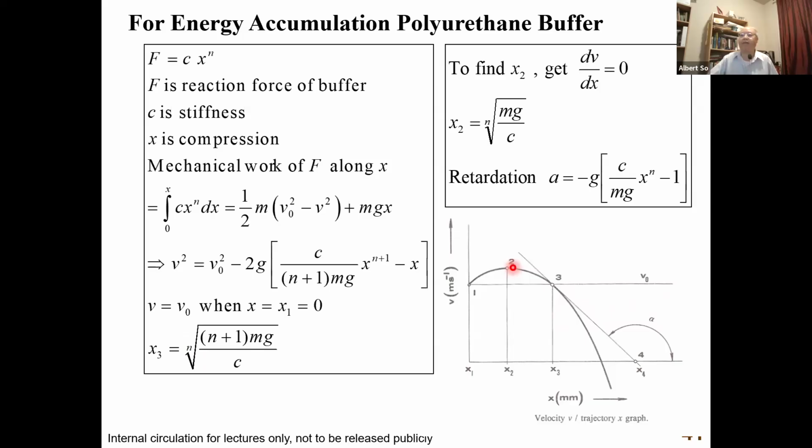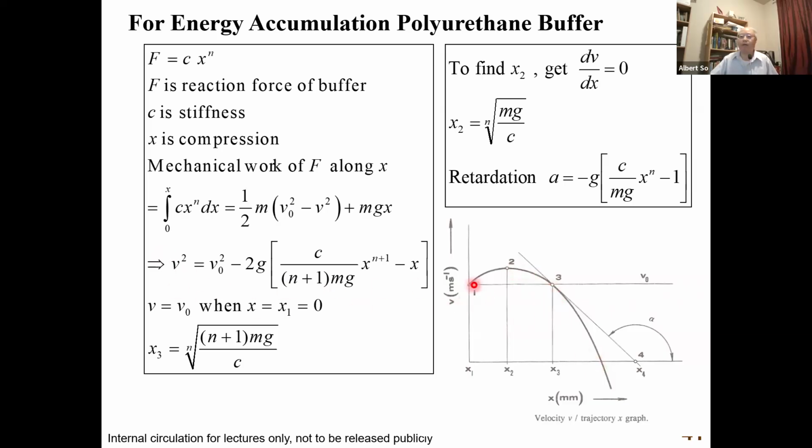So what you expect is the moment when the car hits the buffer, it continues to accelerate due to gravity, but the force exerted on the lift car gets higher and higher as x becomes larger and larger, right? So at point two, the maximum speed is reached, and then from that point onward, the car starts to decelerate, until it decelerates back to V naught, the original speed, and then finally gets to zero speed.